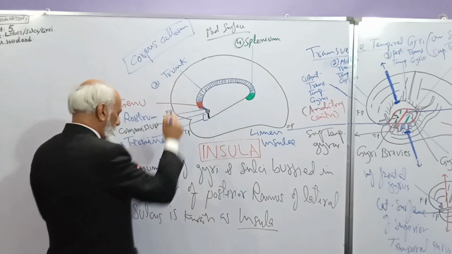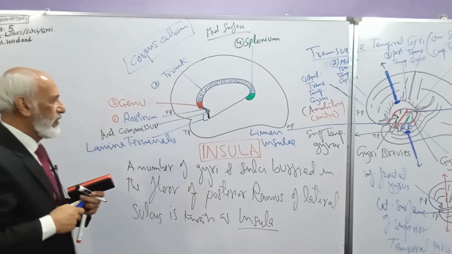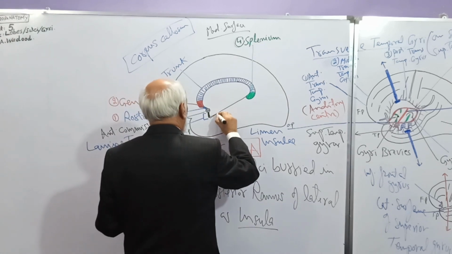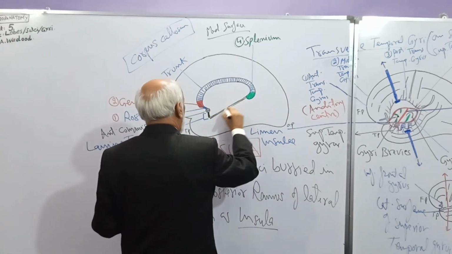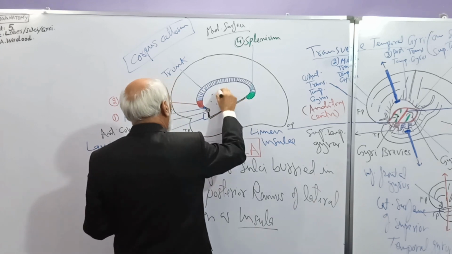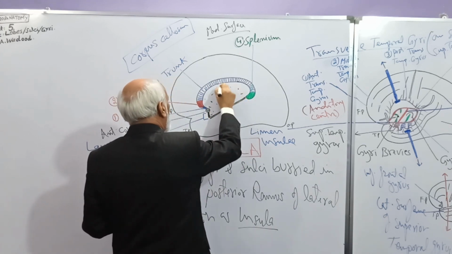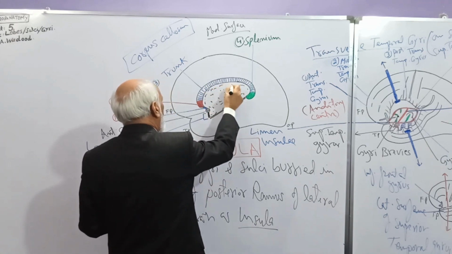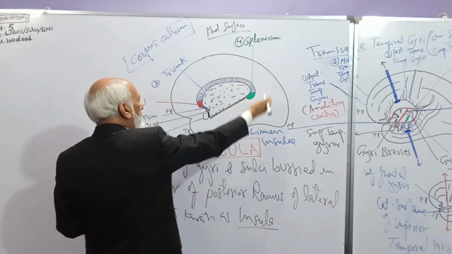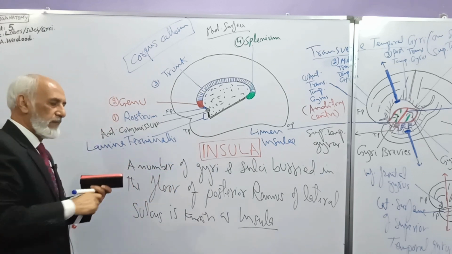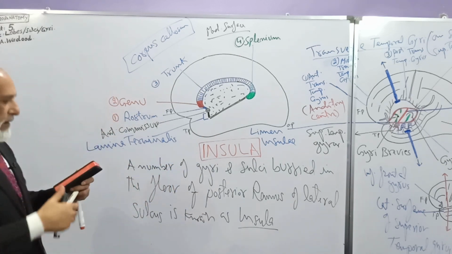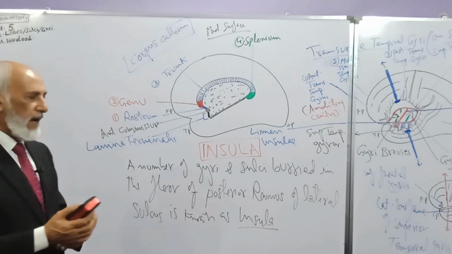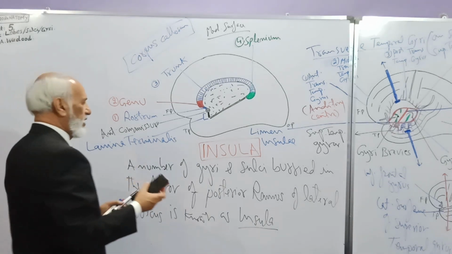So to expose the medial surface, we have to cut different midline structures, and some of the structures I explained. Now you can see the medial surface of the cerebral hemisphere. Now, what are the sulci and gyri on the medial surface of the cerebral hemisphere?